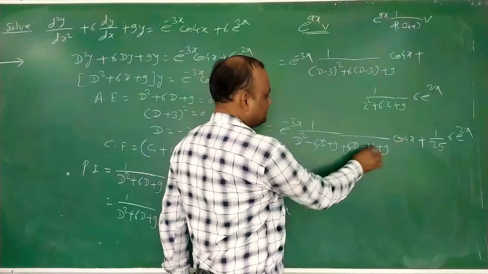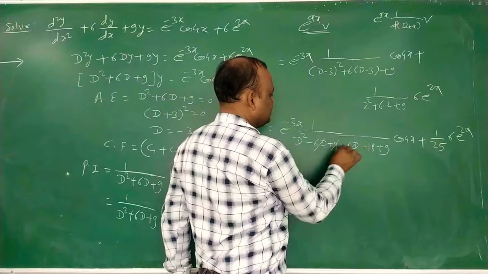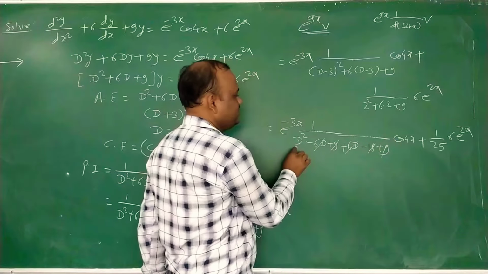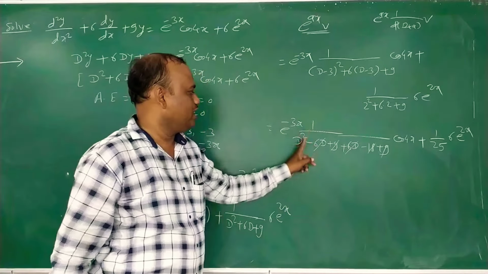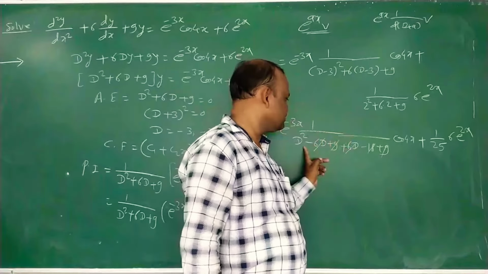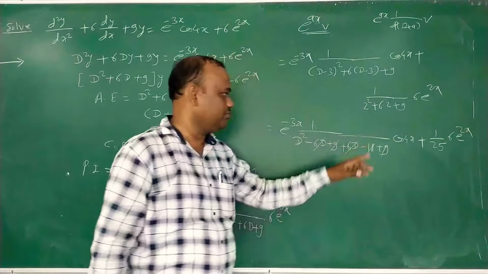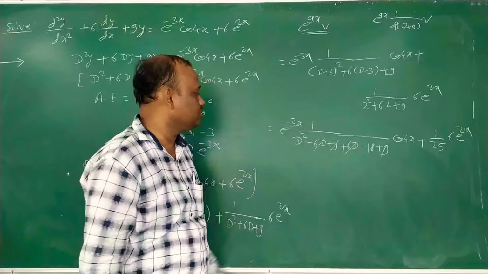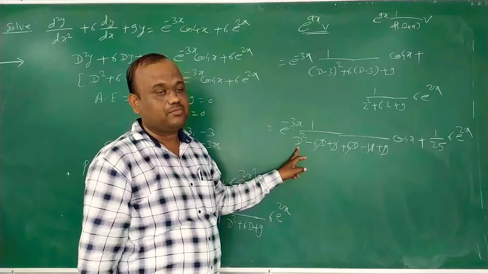Here the 6D gets cancelled. 9 plus 9 is 18, and 18 minus 18 also gets cancelled. So only D² is there. 1/D² cos 4x: if 1/φ(D²) cos(ax + b), then you have to replace D² by -a².